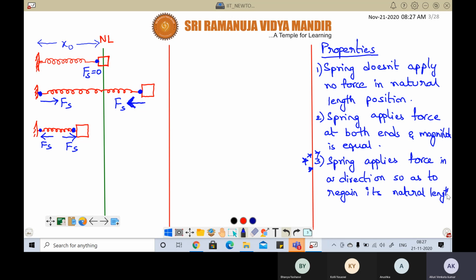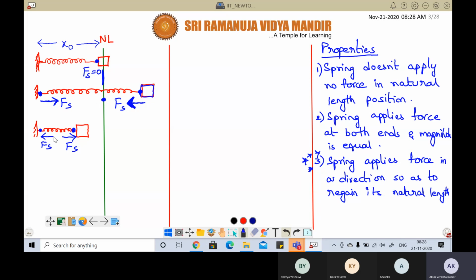Now see in this first case, the elongation case. When I release, natural length is up to the green color only, correct or not? So when I release this block at this point connected to the spring, the spring is applying force which side here at this point? Left side. That means it wants to come to natural length position. Same way this end also wants to come to natural length position.